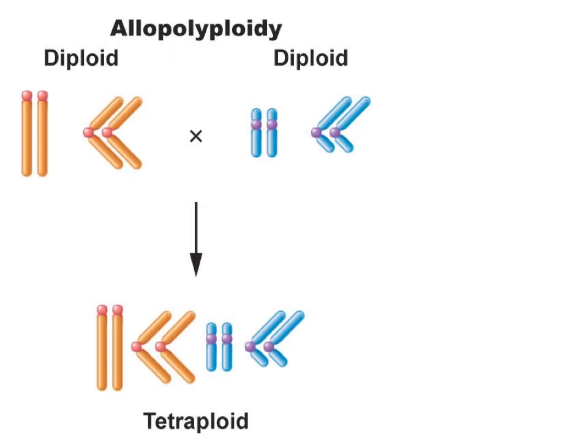An allopolyploid is very, very different. And in this, what we have is an organism, the tetraploid at the bottom here, who exists with a genetic composition that is derived from 2 different species. And what they have is the full diploid set from the orange species, and they have the full diploid set from the blue species.